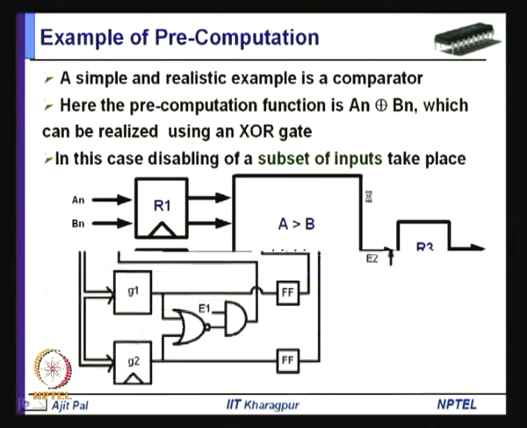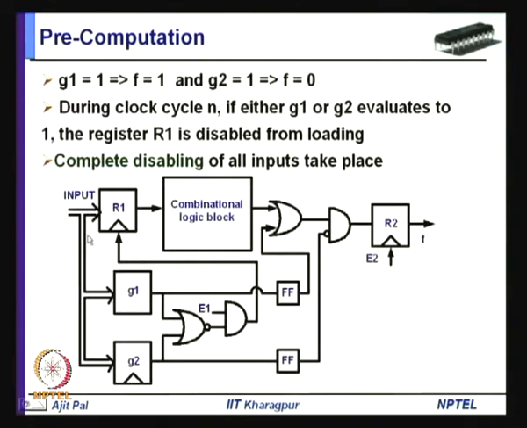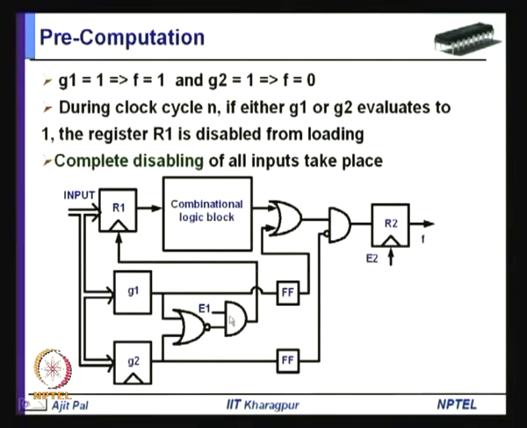Earlier, we have seen a case where you are able to disable the entire set of inputs. That means, all the inputs are disabled. So, this is the case where complete disabling of the inputs takes place. But in the comparator example that we have illustrated, only a subset of the inputs are disabled from reaching the circuit. Obviously the saving will be much more in the complete case, but it may be a little complex.